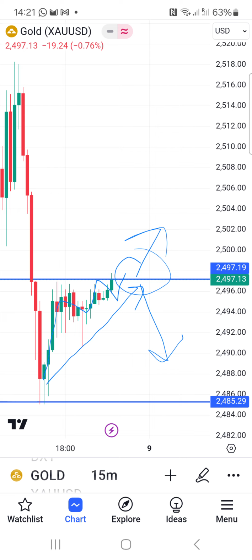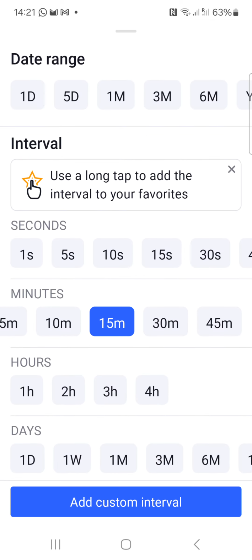I can either enter in 15 minutes, but most of the time I would prefer to enter in 5 minutes charts.